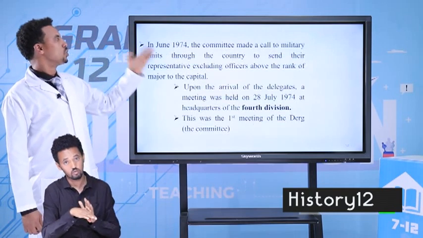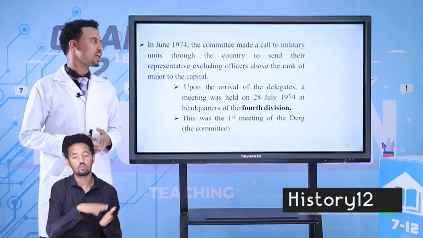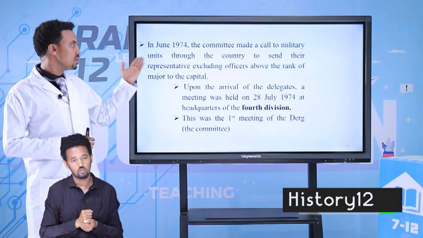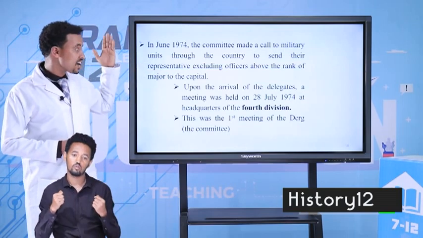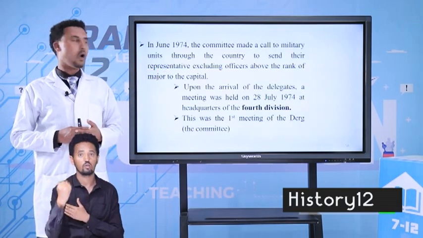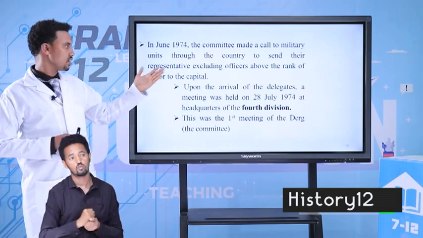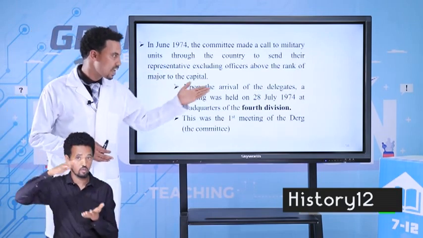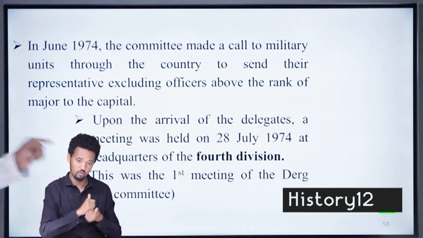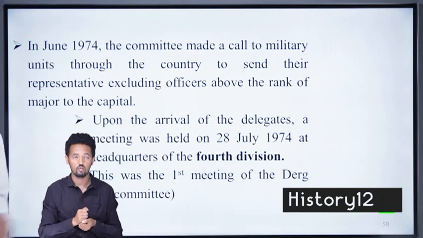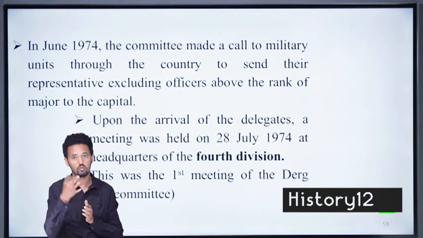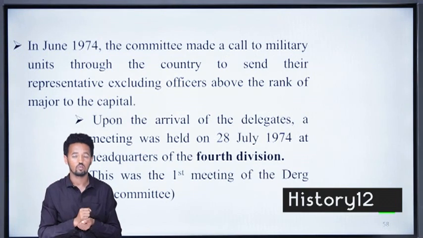But in June 1974, a committee made a call to the military units throughout the country to send their representatives, excluding officers above the rank of major, to the capital. Upon the arrival of delegates, the meeting was held on 28 June 1974 at the headquarters of the 4th Division.